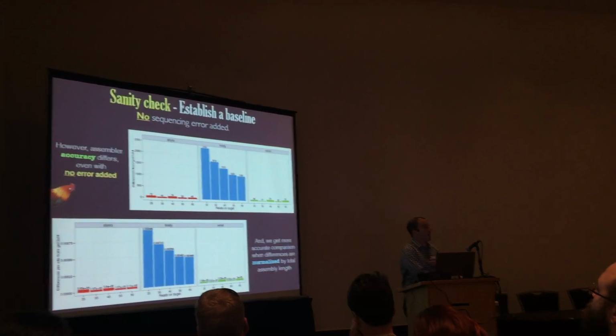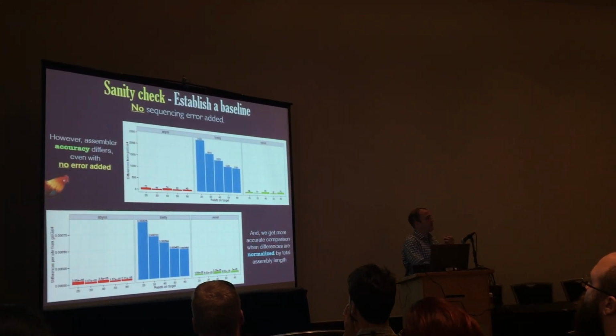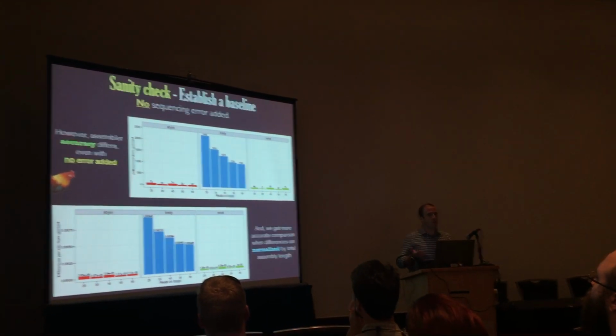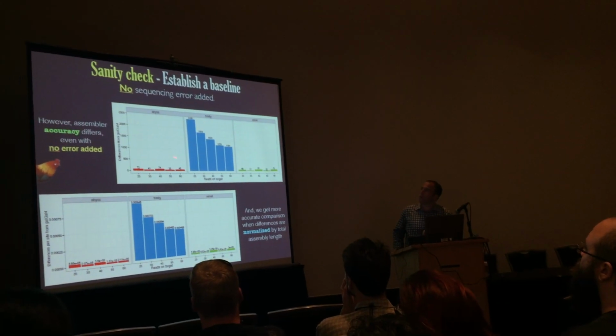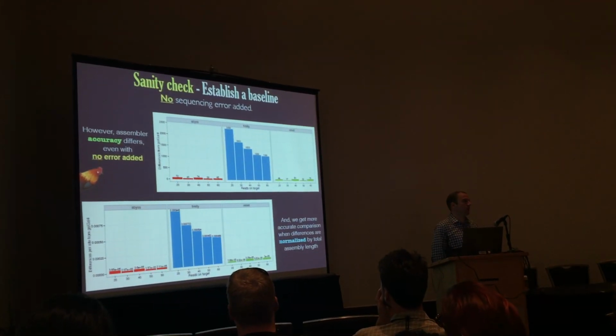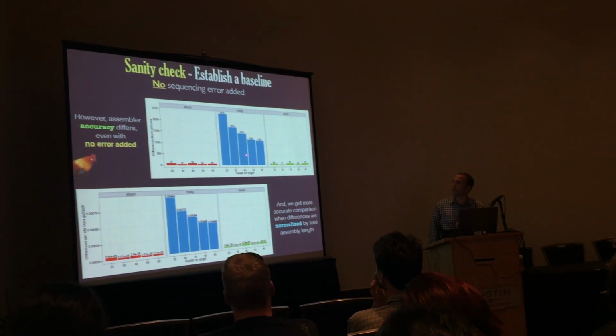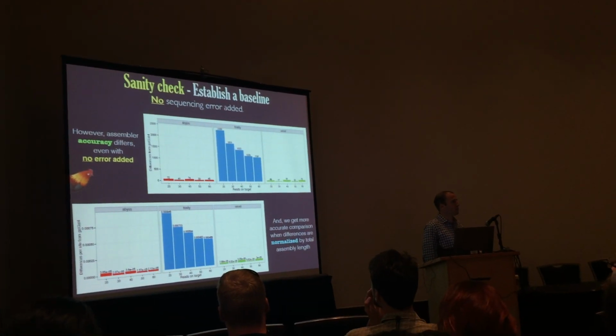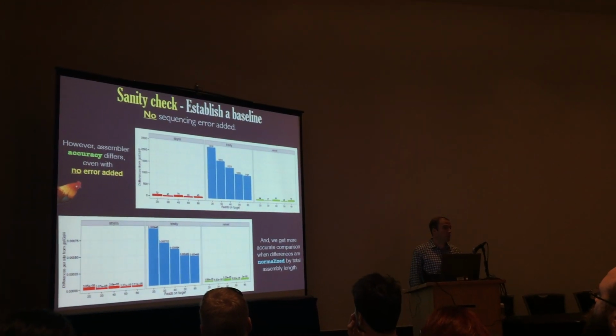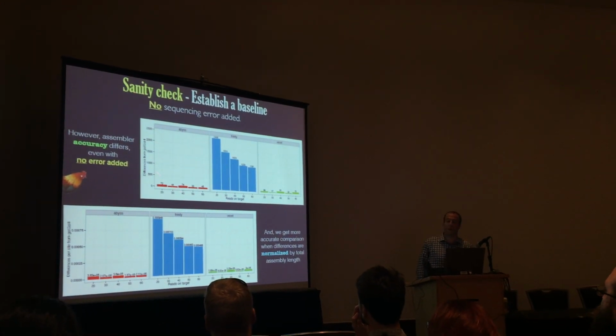However, when you start to look at accuracy of the assemblers, not just how many loci you're getting but whether those loci are what we started with, we immediately see, with no sequencing error added to those data at all, that Trinity is in fact introducing a number of differences from what we started with. The other two assemblers perform as you'd expect.